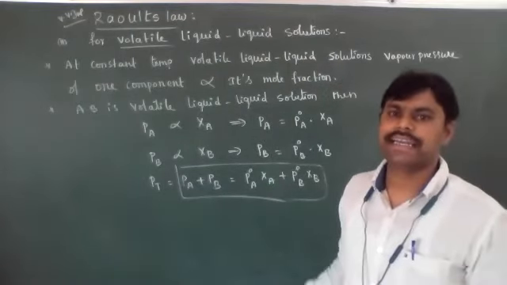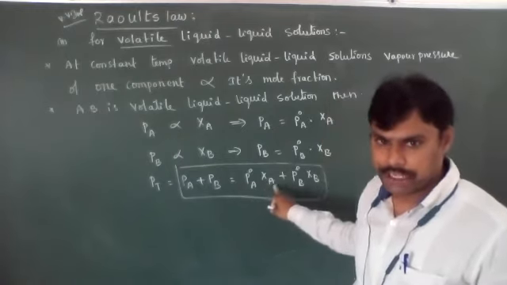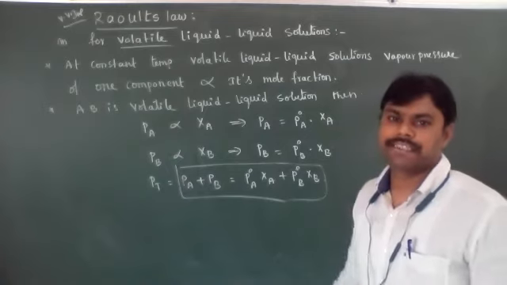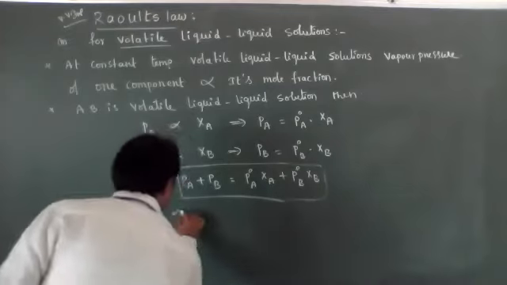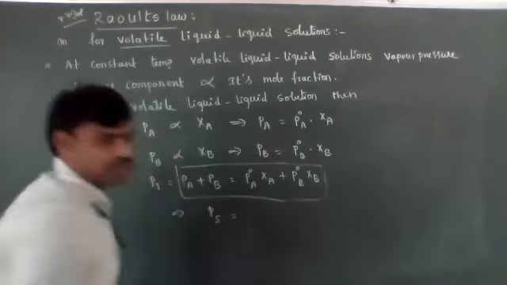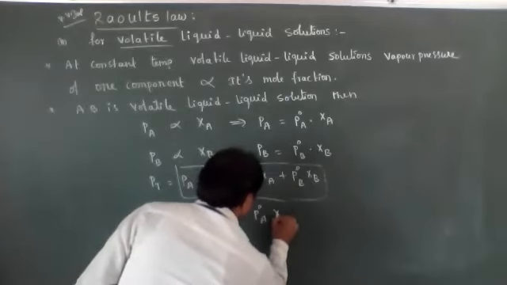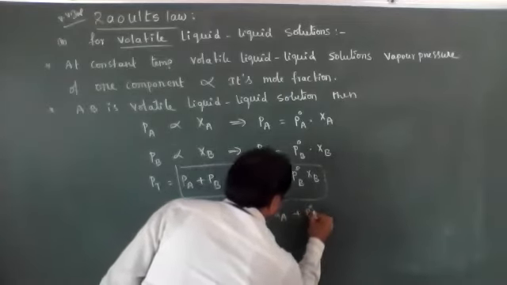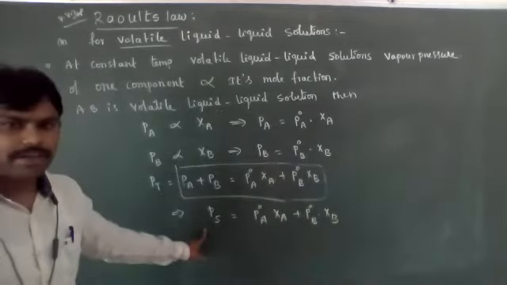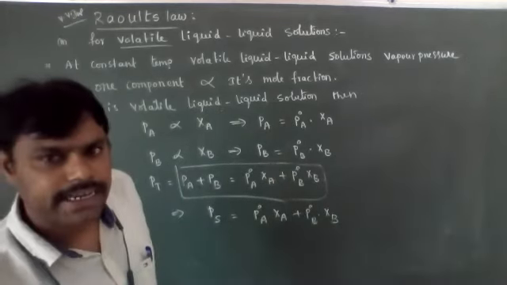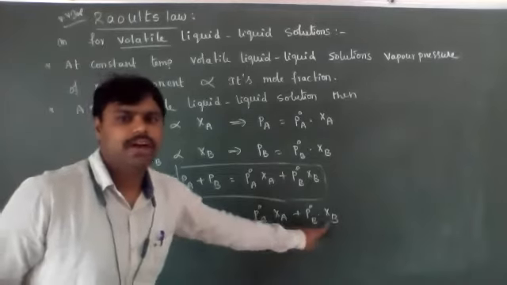The total vapor pressure, PA plus PB, is PS, the vapor pressure of the solution: PS is equal to P naught A into XA plus P naught B into XB.